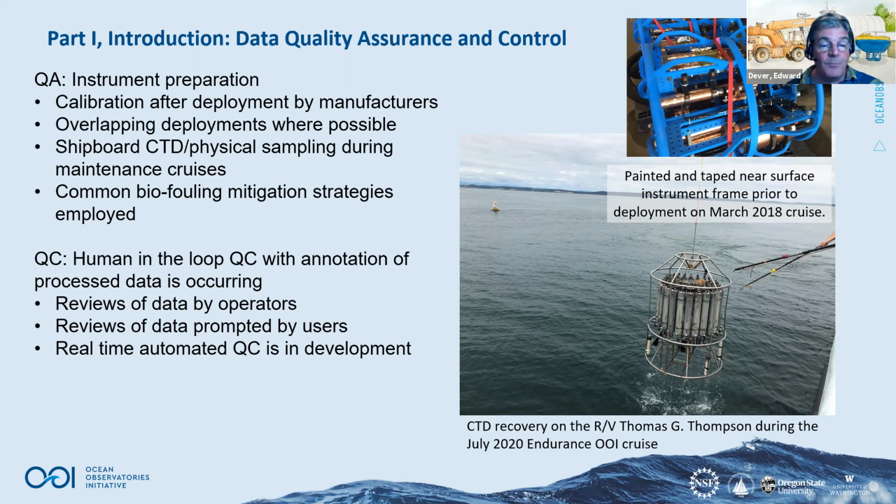And so that's really an important part of OI, getting some community feedback. And if there's a problem with the data set, we try to correct it. And even if we can't correct it, we at least try to make sure that people know about that problem. And we're now working on real-time automated quality control. And I'm going to show a little bit of that quality assurance and control over the next couple of slides right here.